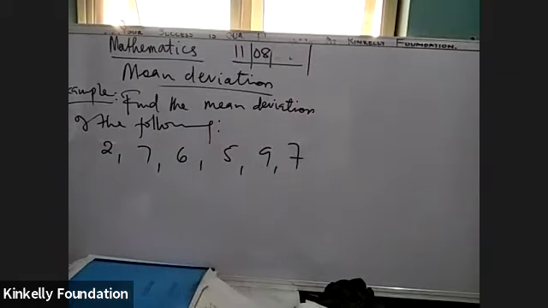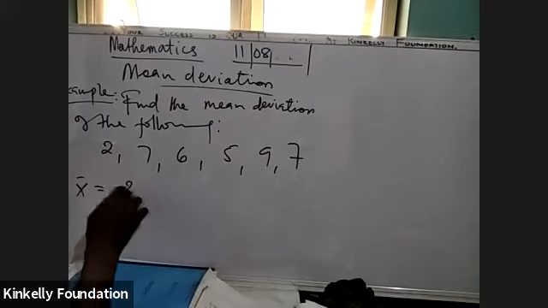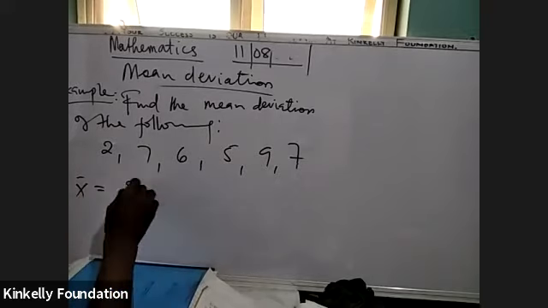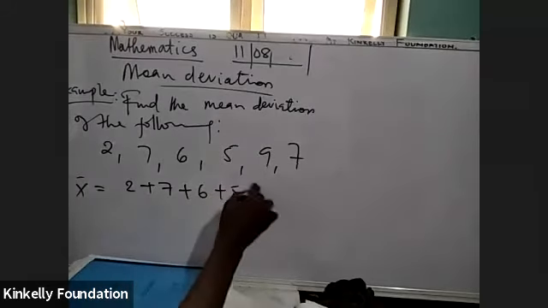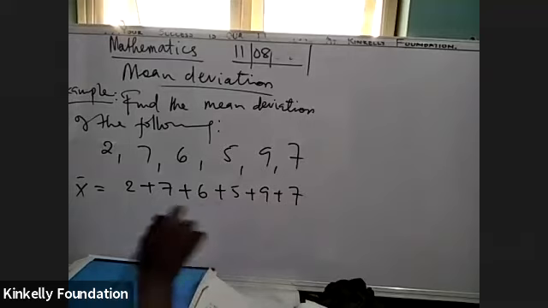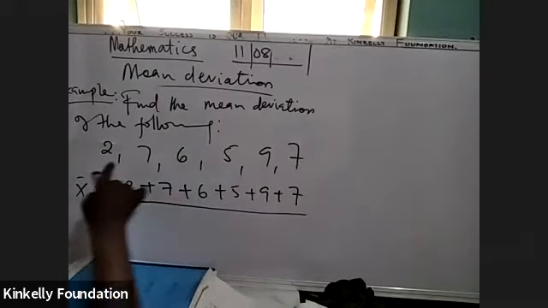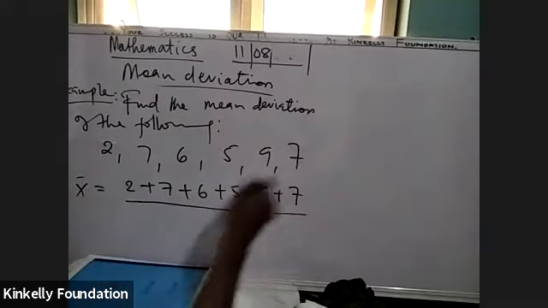You have to find the mean deviation of this. What do we do? First of all, you have to find the mean. The mean is when you sum all these together: 2 plus 7 plus 6 plus 5 plus 9 plus 7, all over the total number, 1, 2, 3, 4, 5, 6.